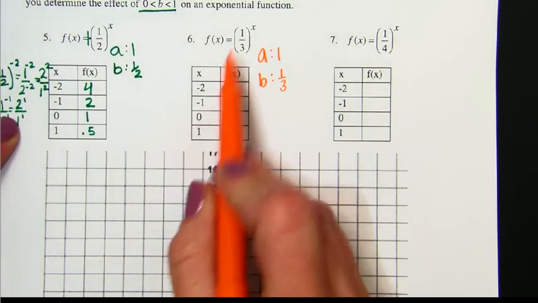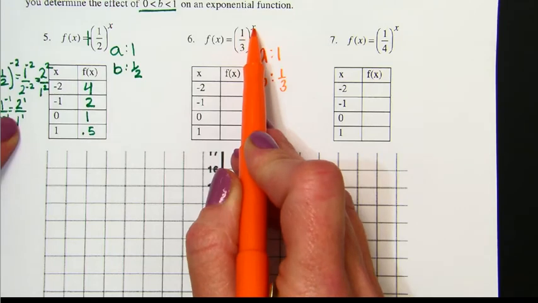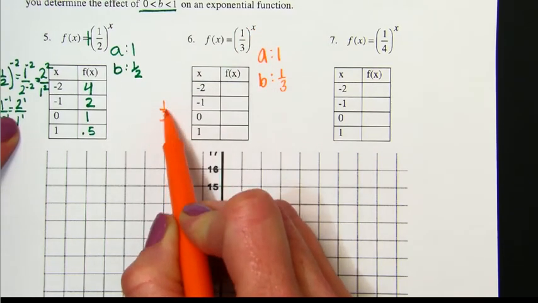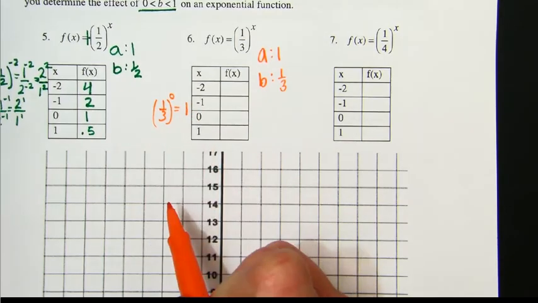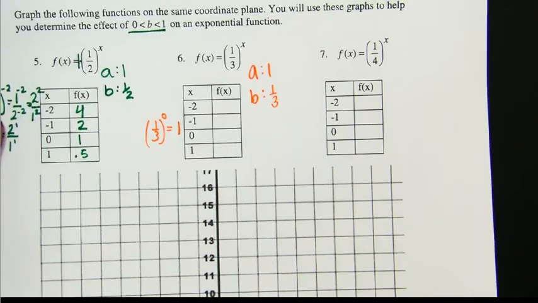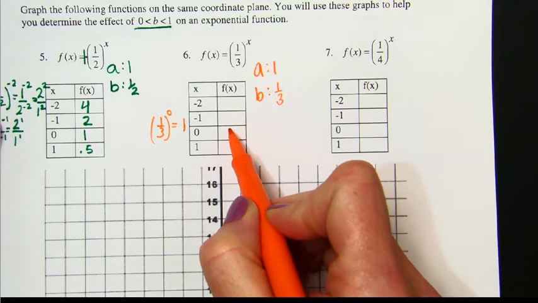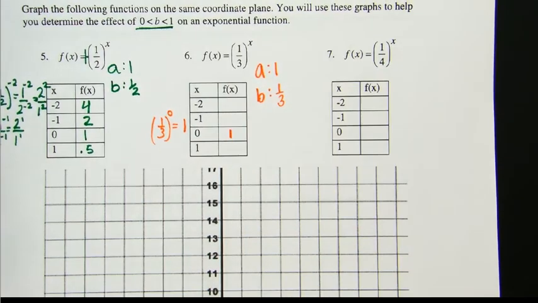So on this side, if my 1/3 has a 0 power, that's going to equal 1. Anything to the 0 power is 1, right? So it's a little bit faster for me to fill out that part of the table.